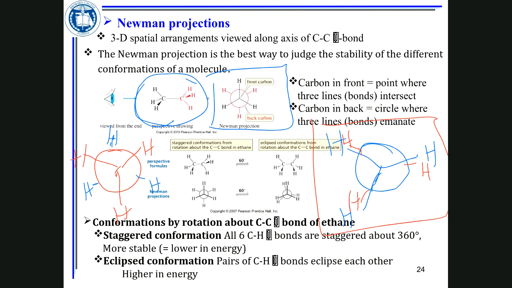So for the carbon that is behind, out of your view, you would start the bond from the edge of the circle, but for the hydrogens attached to the carbon in your view, you would start from the center. Any question about Newman projection for ethane for now?